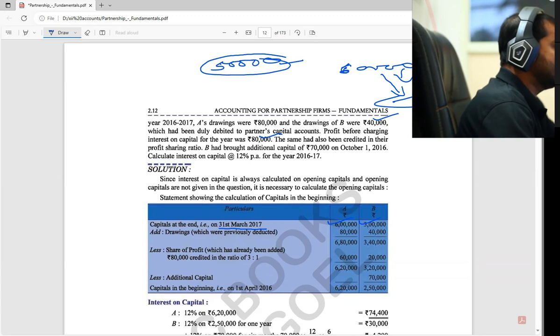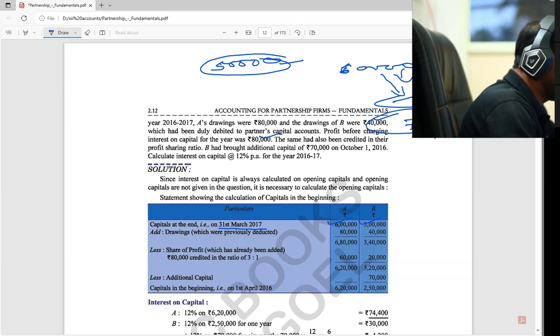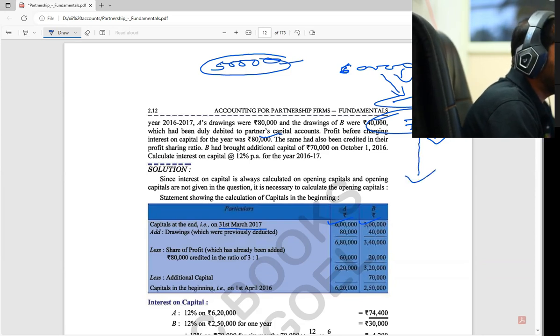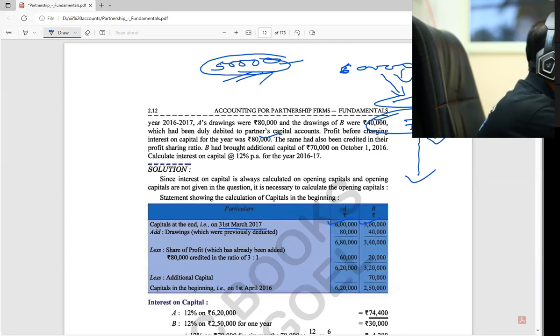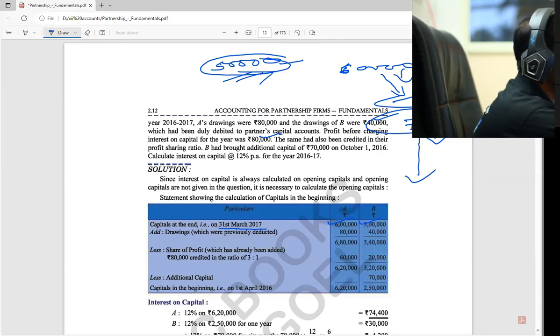If you say, sir, in my bank account I have 7 lakh rupees, will they give the interest for 7 lakh rupees today itself? No, they will use that 7 lakh rupees for 1 year. After that they will give that amount, the interest, right? Exactly similar here. So the beginning of the year capital is what will be taken for calculating interest on capital, not the end of the year.